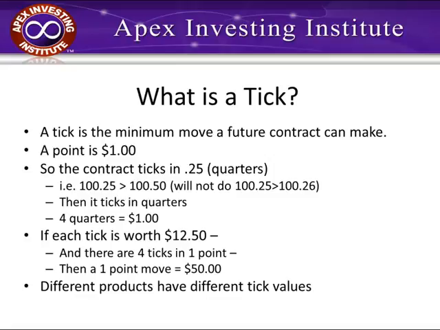That's the minimum movement. If it ticks in quarters, there are 4 quarters in a dollar. If each tick is worth $12.50, and there are 4 ticks in 1 point, then 1 point, or $1 move, is worth $50. So every product has different tick values, and that can be a little bit intimidating.